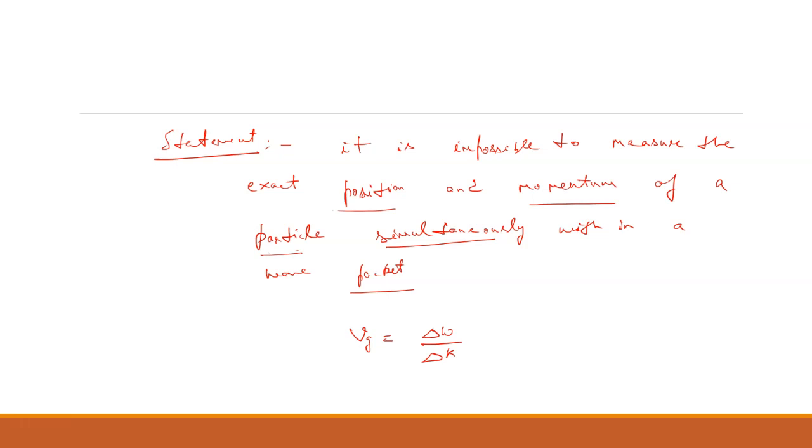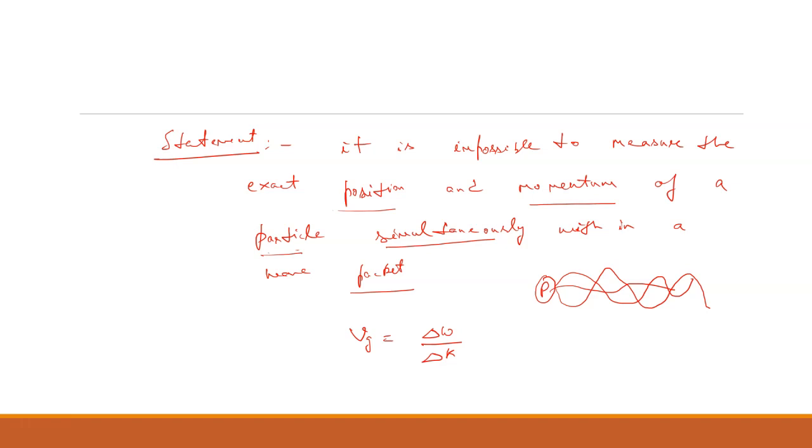And with a single particle, when it starts moving, a number of waves are associated with it. Within this wave group, we cannot measure the position and momentum of a particle simultaneously.